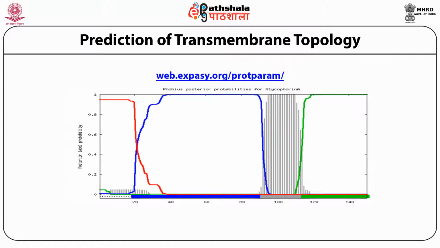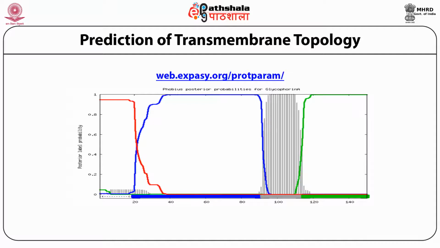For glycophorin A, Phobius predicted a signal peptide from 1 to 19 amino acids shown in red curve, followed by the extracellular, that is non-cytoplasmic domain from 20 to 91 amino acids shown in blue color.